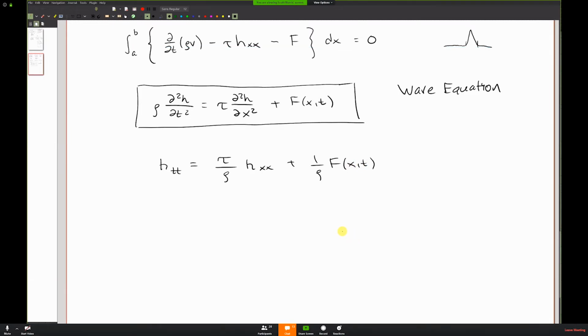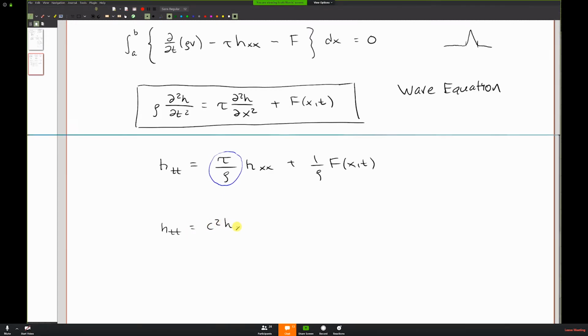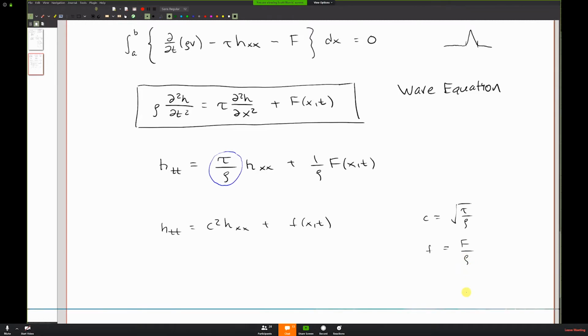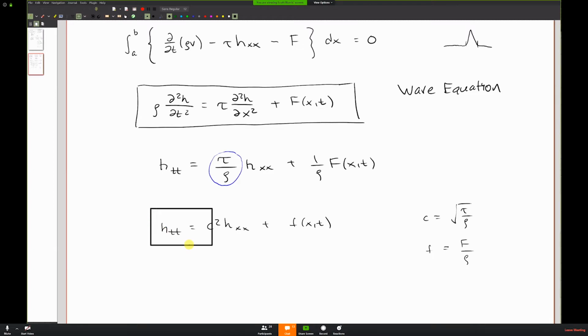And then if I rename this quantity c squared, I will get h_tt equals c squared h_xx plus little f of x and t, where c equals the square root of tau over rho, and little f equals big F over rho. All right, and here I have my wave equation that we wrote up at the top.